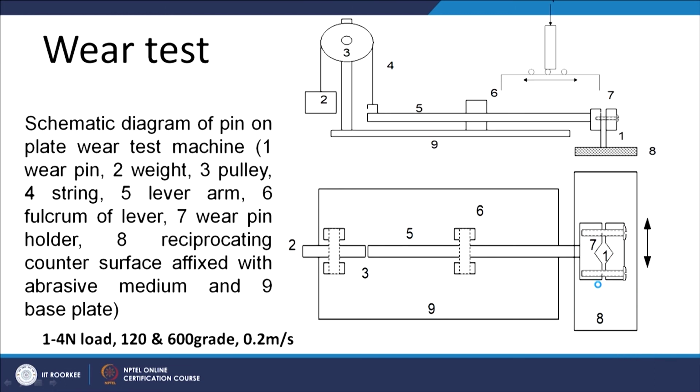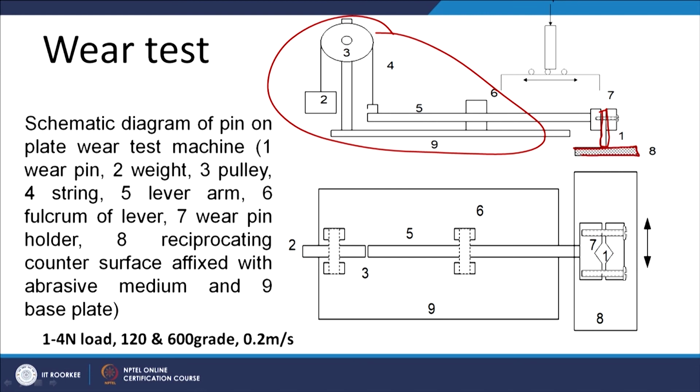This is the wear test setup for a reciprocating kind of arrangement. This is just the arrangement for holding the workpiece and applying the normal load. The main thing is here, where the sample is held against the counter surface. This is the counter surface, and the counter surface is made to reciprocate.